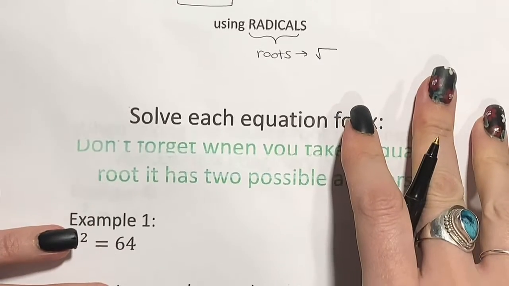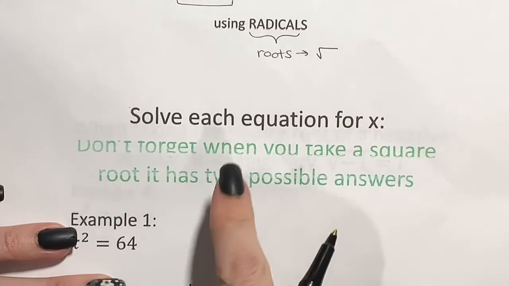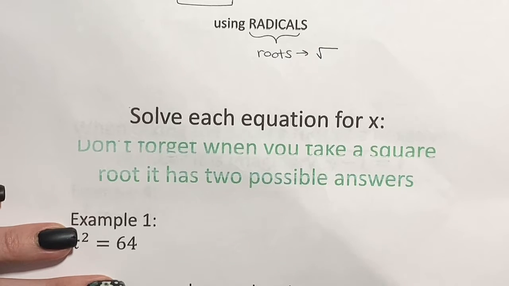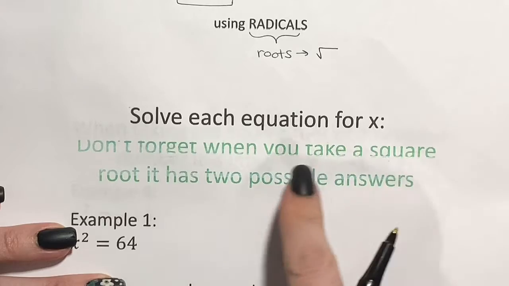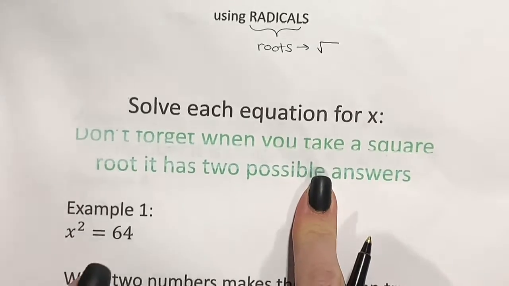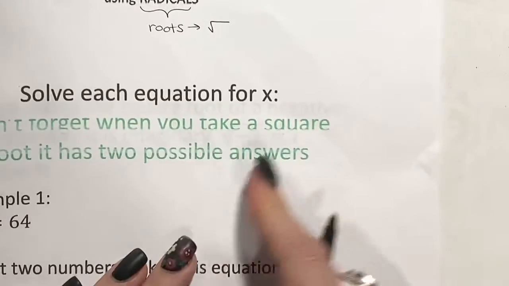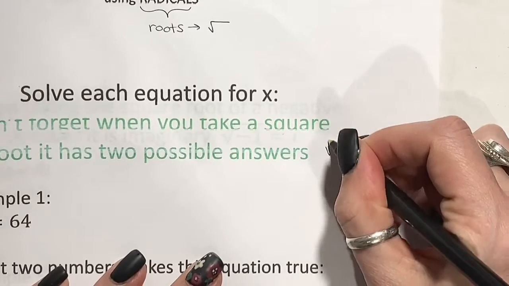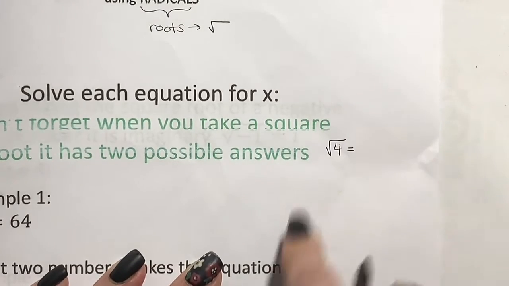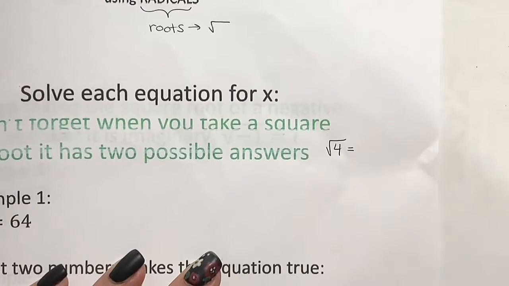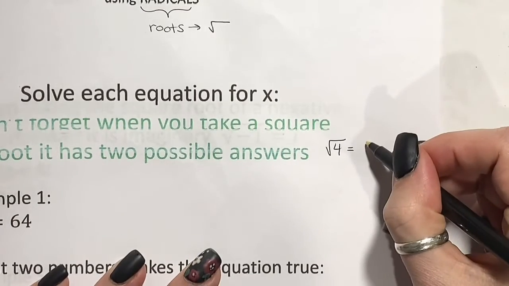Okay, my printer was a little bit crazy today. So when we are solving equations, don't forget that when you take a square root, it has two possible answers. What I mean by that is if I take the square root of 4, square root means what number times itself equals 4. Well, 2 times 2 is 4, right?